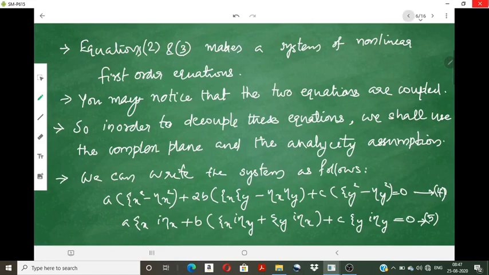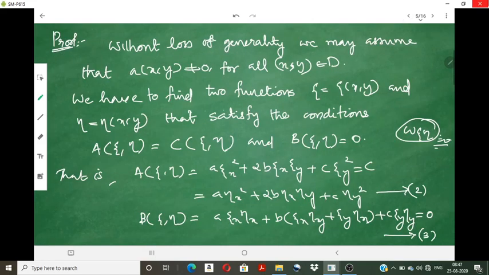And one more thing you may notice is that the two equations are coupled. We can't separate the functions or variables theta x, theta y, eta x, eta y like that.